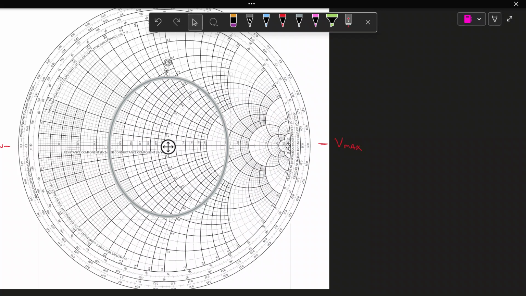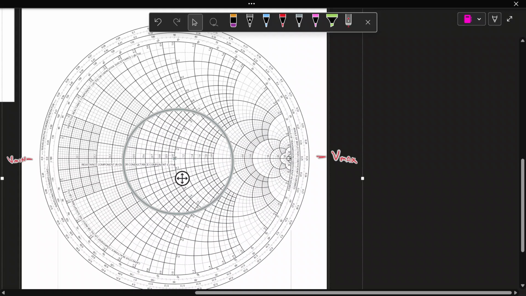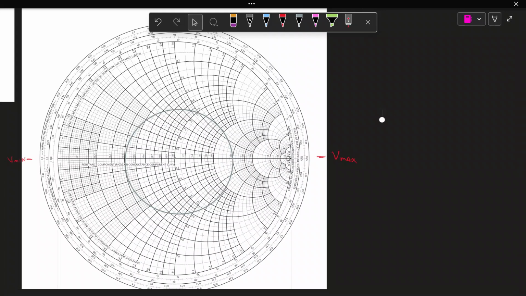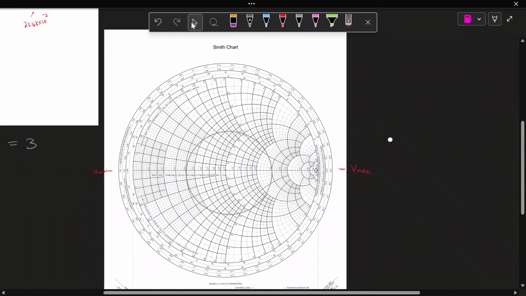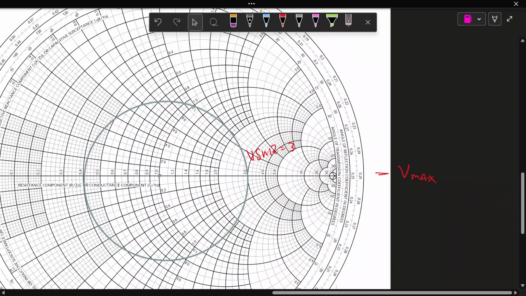It's not a circle, so this is probably not going to give us the exact answer, but I'm just showing y'all the process. It sucks that my circles are terrible, but I digress. This is a good enough circle. So this is our VSWR circle, and this is equal to 3. You notice I started at 3 and made that circle. That's what you need to do.